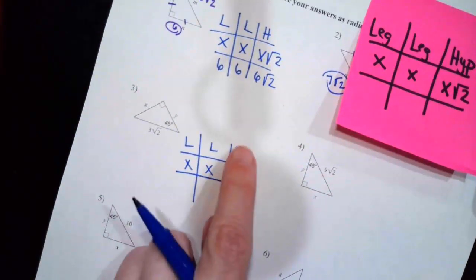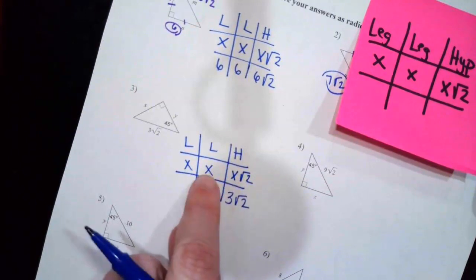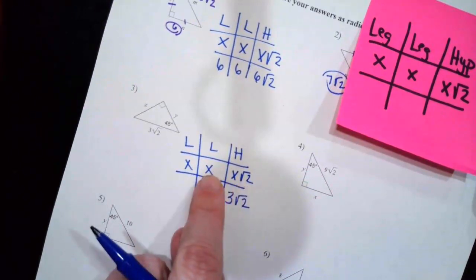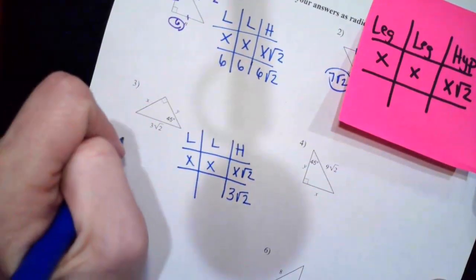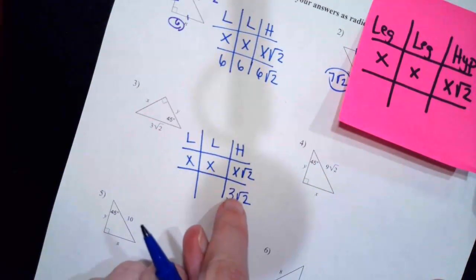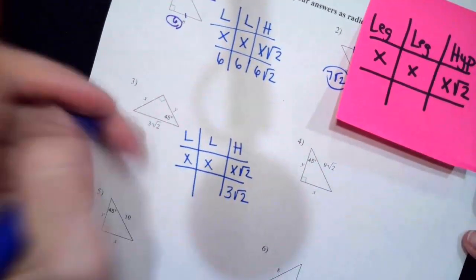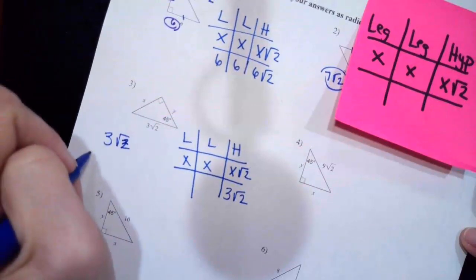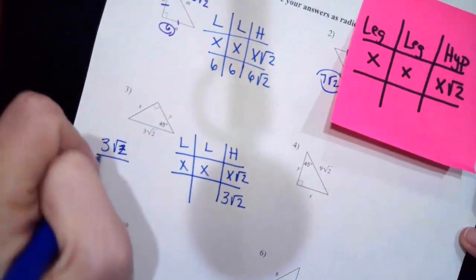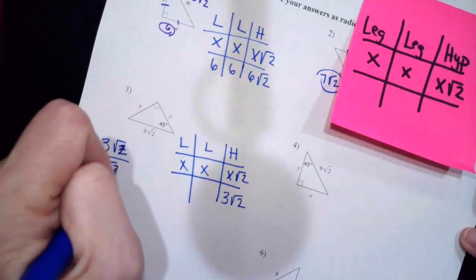What disappears from this box right here to this? Doesn't the radical 2 all of a sudden disappear? It's not here. So if I have to get rid of the radical 2, when they're squished together, to get rid of it, I have to divide by it. So really what I'm saying is 3 radical 2 divided by radical 2.